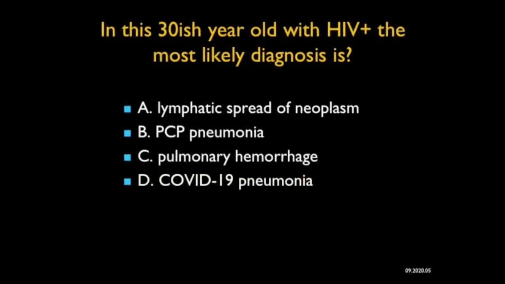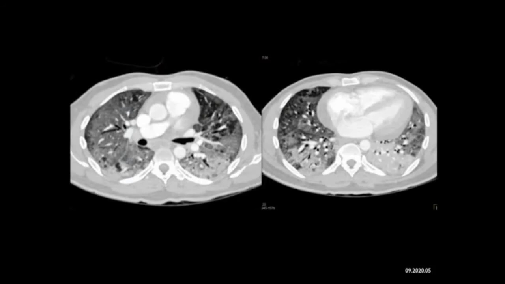Now, this 30-ish-year-old had HIV, and I asked, what's the most likely diagnosis? Well, when you look at these images carefully, you see that the patient has an inflammatory process with some consolidation. There's airspace filling. This really looks like pneumonia.